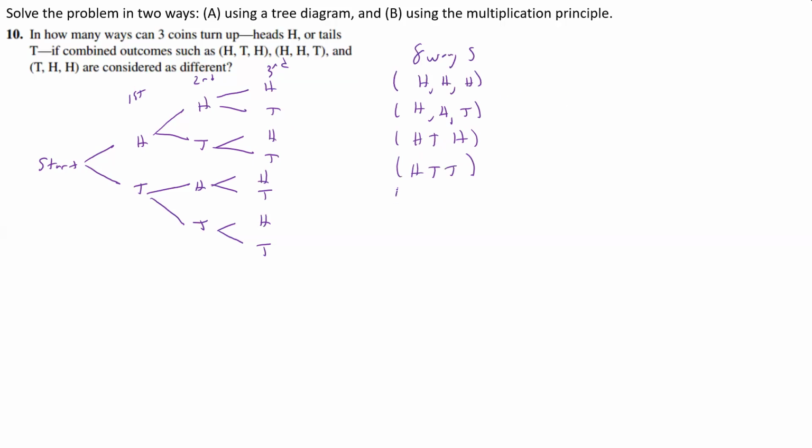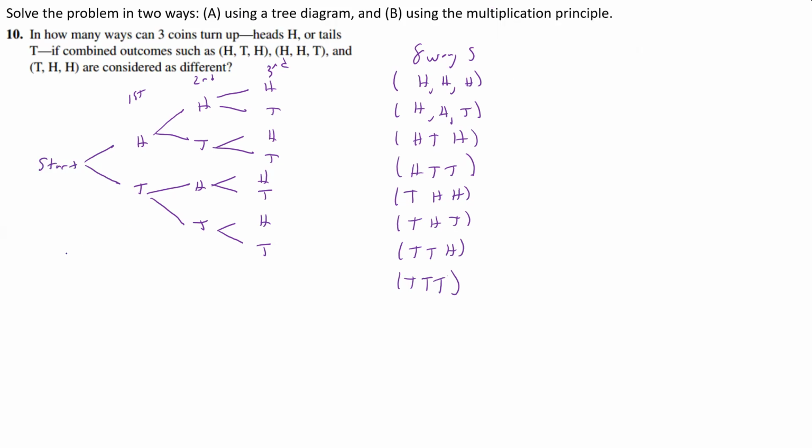Where'd my pen go? Here we go. Tails, heads, tails. And then we'll have tails, tails, heads. And we'll have tails, tails, tails. Okay, so one, two, three, four, five, six, seven, eight. So eight ways. Now, what's another way to do it?